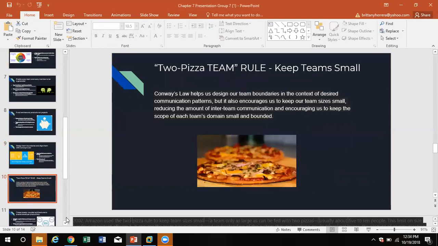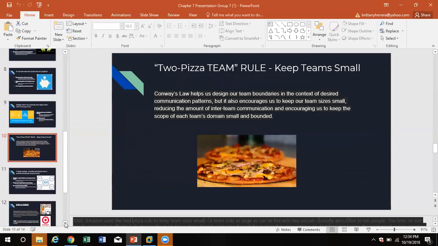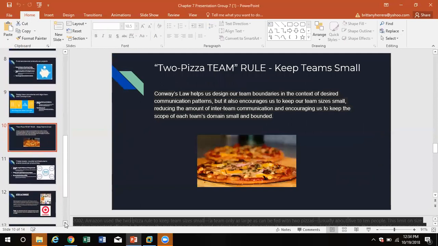Okay, so going into that, it's the two-pizza team rule. Keep teams small. Conway's law helps us design our team boundaries in the context of desired communication patterns, but it encourages us to keep our teams small, reducing the amount of inter-team communication and encouraging us to keep the scope of each team's domain small and bounded.